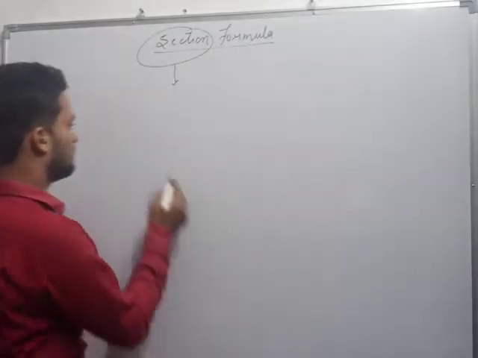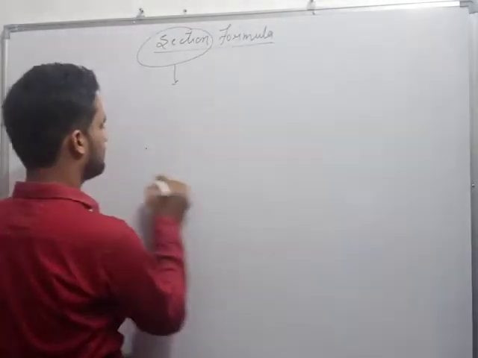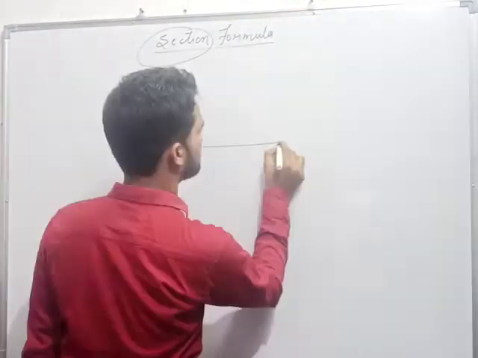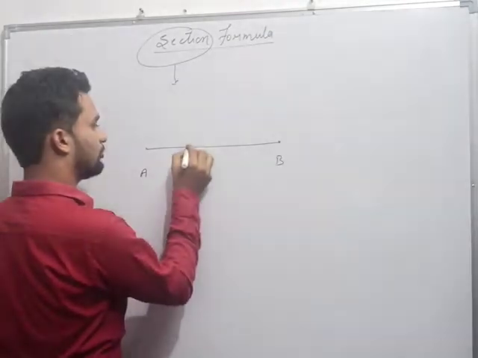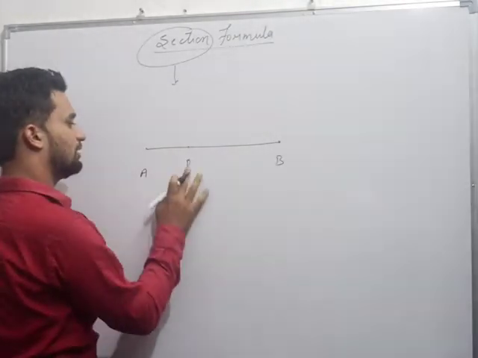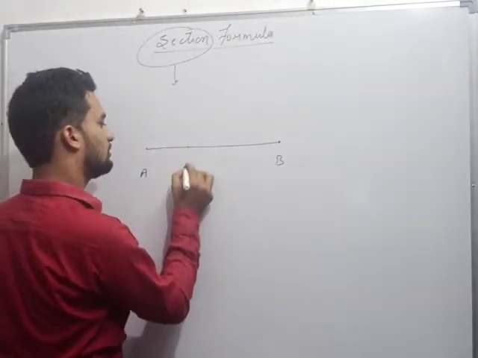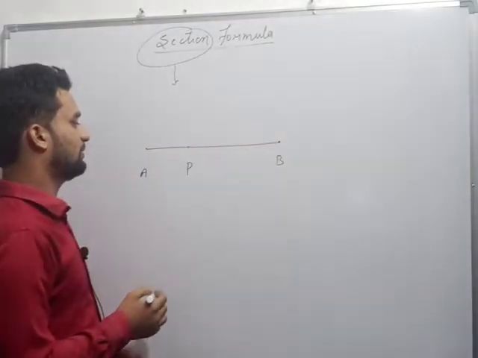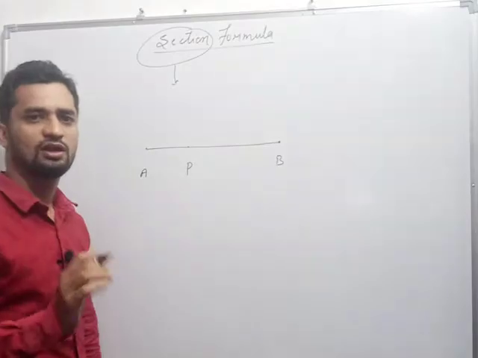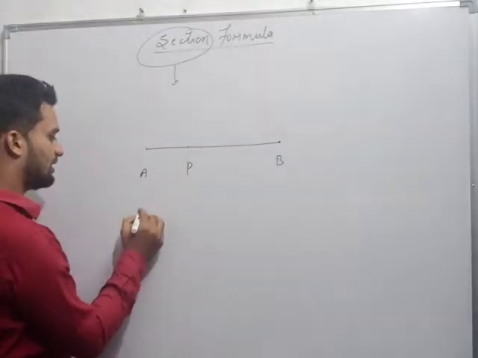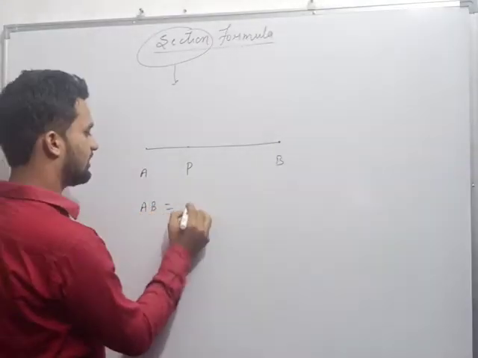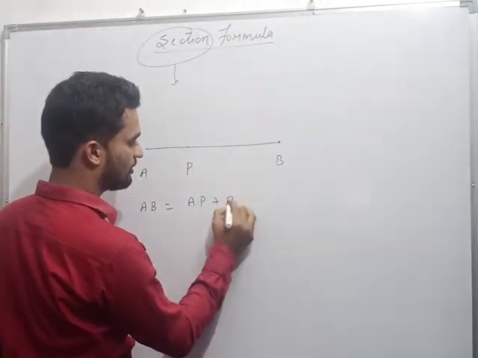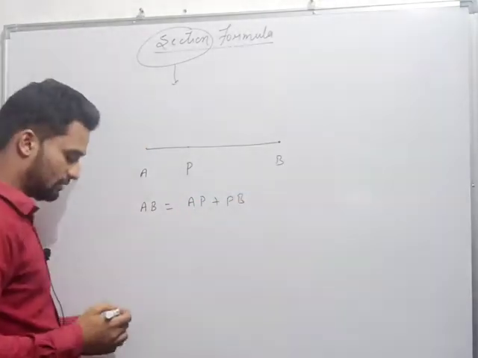Suppose, for example, two points are there, A and B. So AB is a line segment, and suppose any point P is dividing, or you can say intersecting, at point P. So this line AB has been divided into two parts, AP and PB.